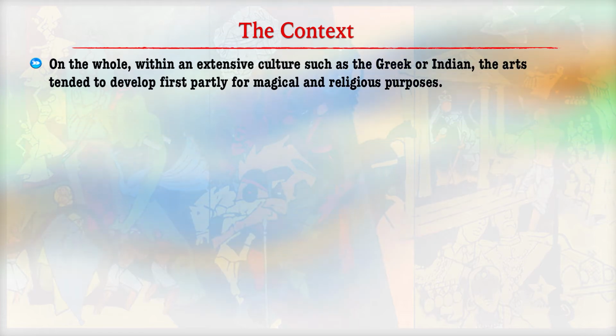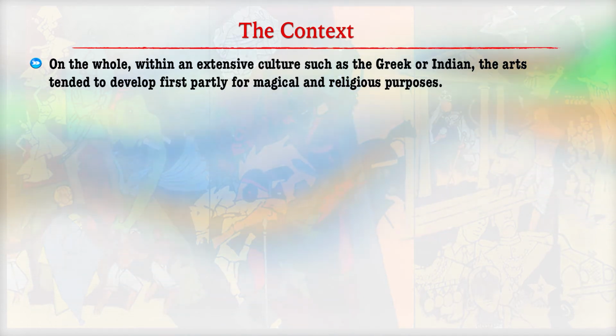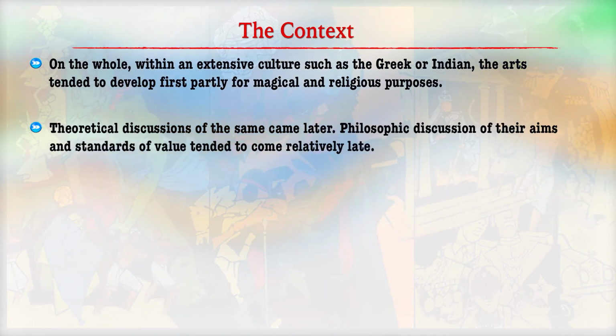On the whole, within an extensive culture such as Greek or Indian, the painting art tends to develop first partly for magical and religious purposes. We have theoretical and philosophical discussions available in various works which focus on the aim and standards of painting.